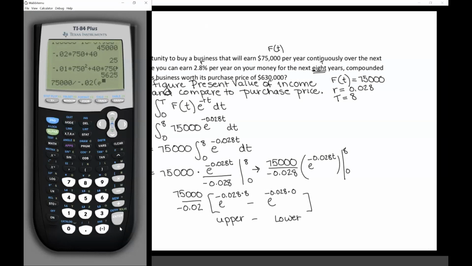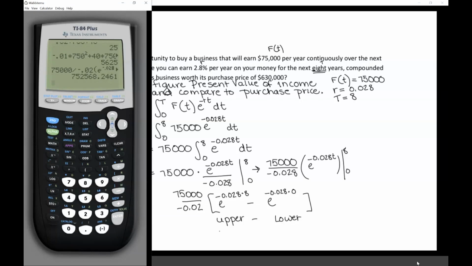So e to the negative 0.028 times 8, step out of the exponent, minus e to the negative 0.028 times 0. In case you're wondering, this is going to be e to the 0, which is 1. So I'm just going to leave it like that. Everybody see how I've got it typed in? I'm typing it in just the way it's written. And then I'm just going to hit enter.